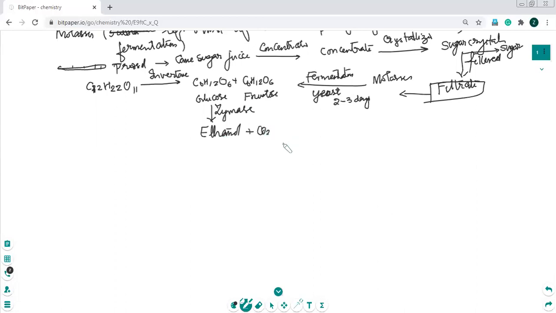And this is the same process which you are doing in your kitchen when you are preparing dosa or vallapam. Same process. That is why you get a lot of carbon dioxide coming out.